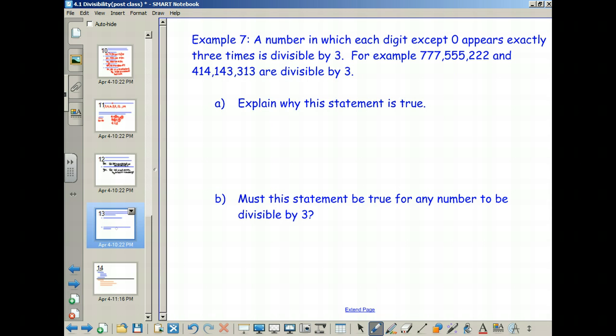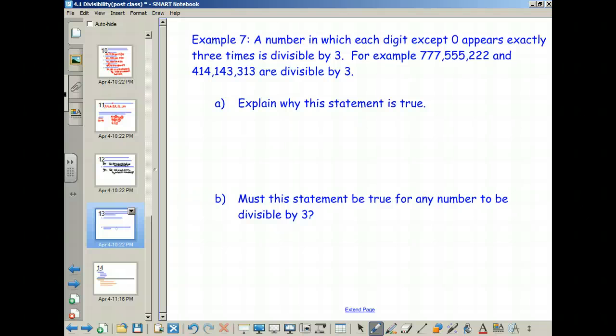All right, a number in which each digit, except 0 could have this property, but it doesn't have to, appears exactly 3 times, is divisible by 3. For example, 777,555,222 and 414,143,313 are divisible by 3.